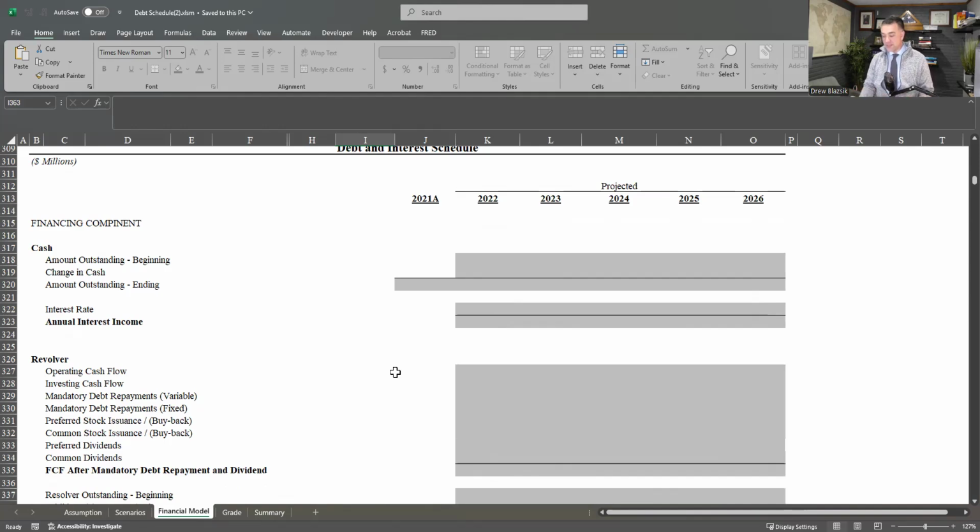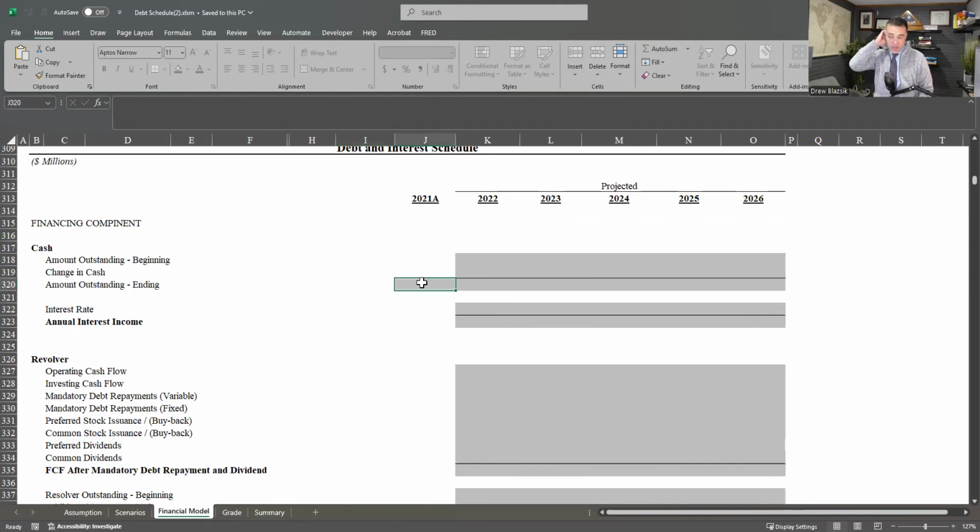According to the assumptions we made, if we have a revolver, we want to instantly pay it off. And if we lost money for the year and we don't have enough cash to cover our loss, the revolver will kick in for short-term debt to keep our company going.